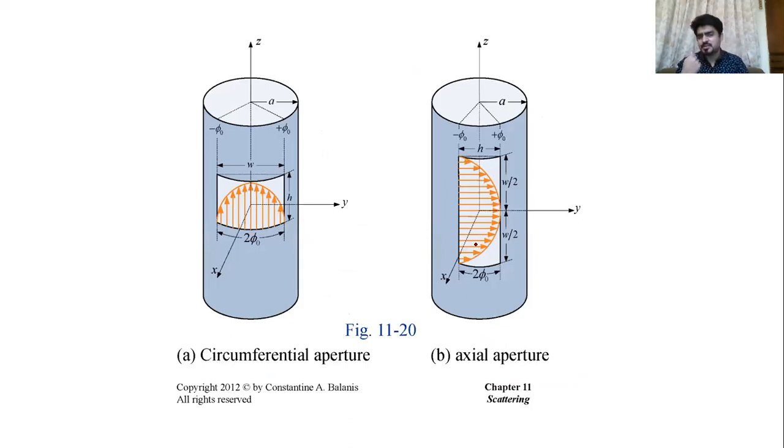Now, for the other case, axial aperture, your E field is now perpendicular to these two vertical edges of your aperture, and as a result of that, it will create more diffracted fields, and you will see a broader radiation pattern in this plane. For this case, it is going to be E plane.